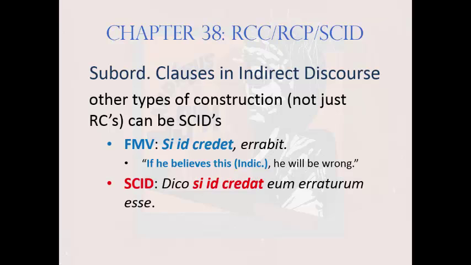But put the condition inside indirect statement and it becomes a skid. For example, "dico si id credat eum erraturum esse," meaning "I say that if he believes this, he will be wrong." Now the verb in the protasis is subjunctive, credat.